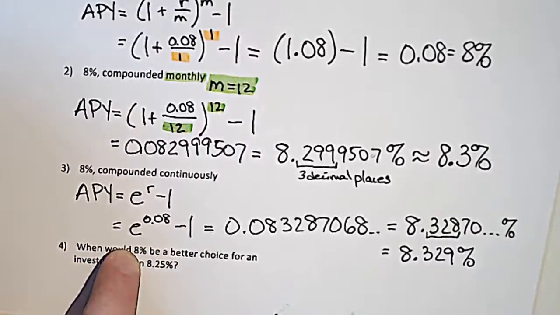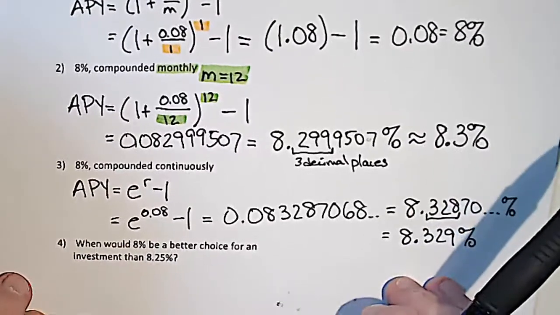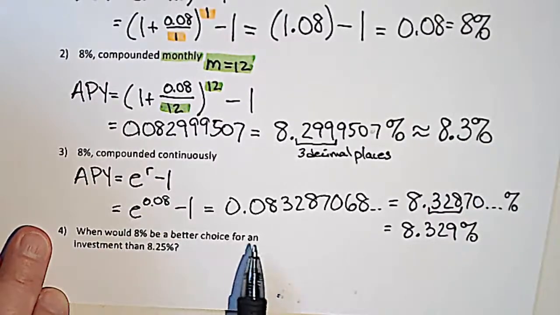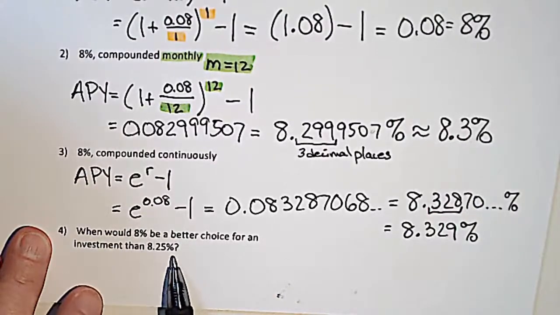Okay, so last question. This is my question. I don't think the book ever asked you this, but I think it's a good question. When would 8% be a better choice for an investment than 8.25%?